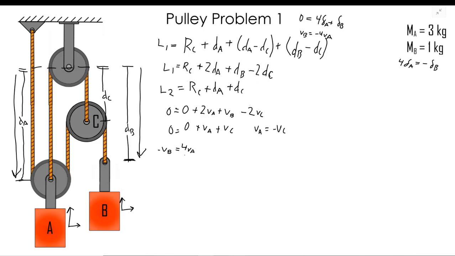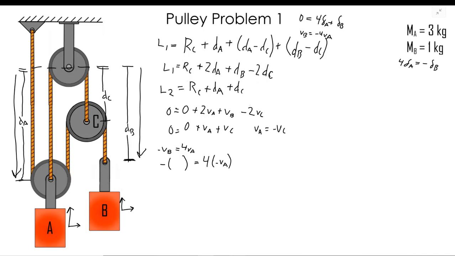So that right there turns into 4 negative VA. This is very important, just because you're not always going to have datums that make it easy like this. Sometimes when you convert to the coordinate systems like these, it could be off.